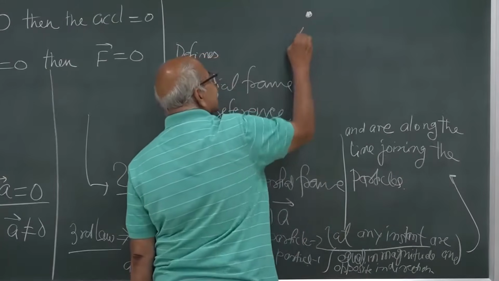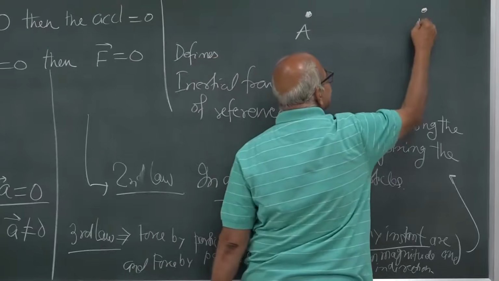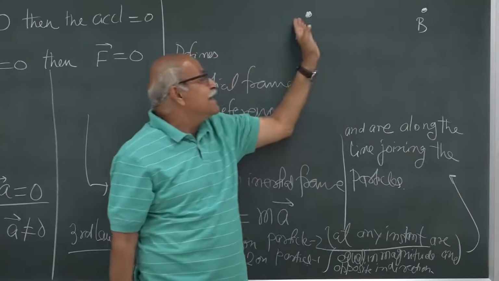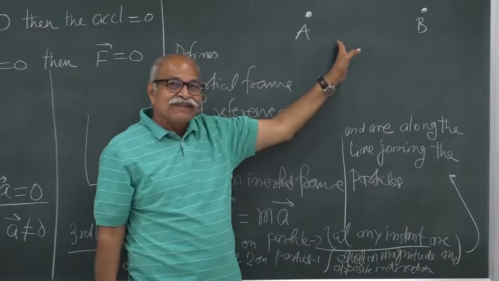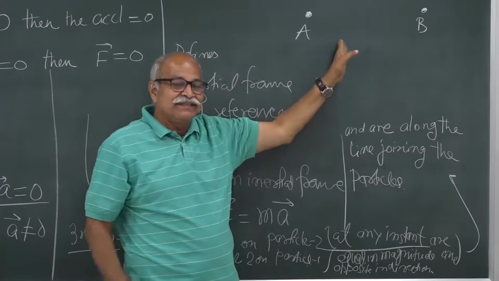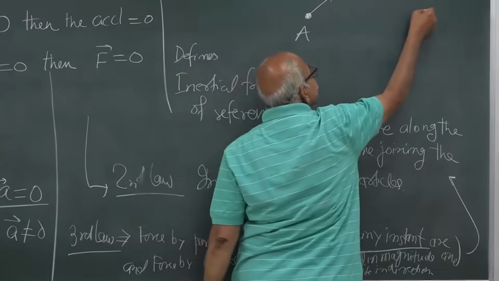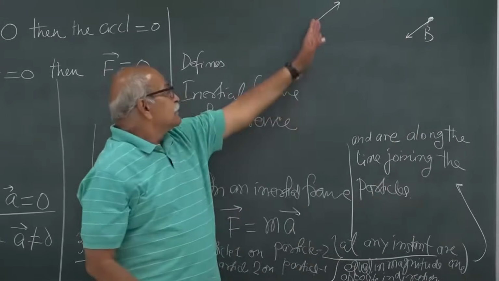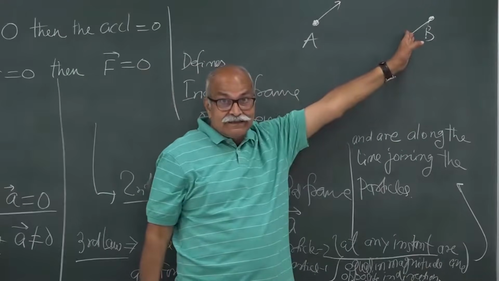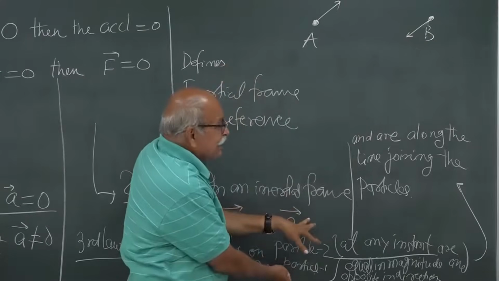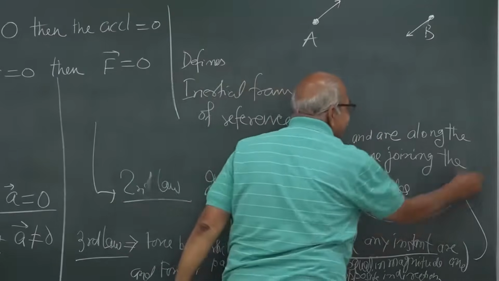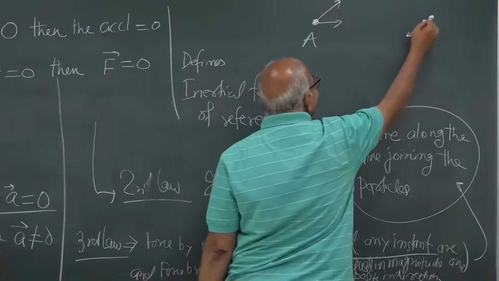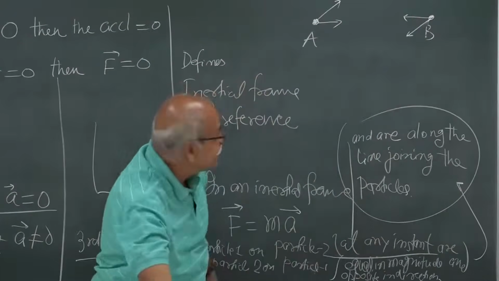If you have a particle here A, if you have a particle here B, the force by A on B and force by B on A at any given instant are equal in magnitude, opposite in direction, but that could have been this way. That could have been this way. The directions are opposite. The magnitudes are equal. So, this statement is satisfied. But the other part which you can add is that no, these forces are along the line joining these two particles.